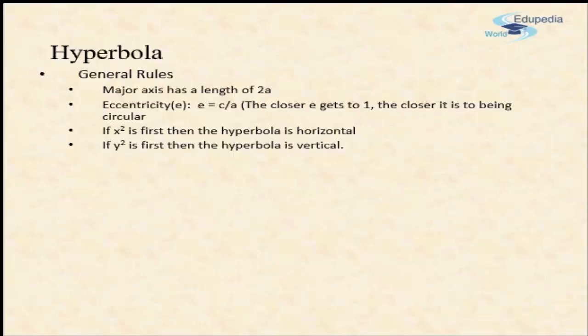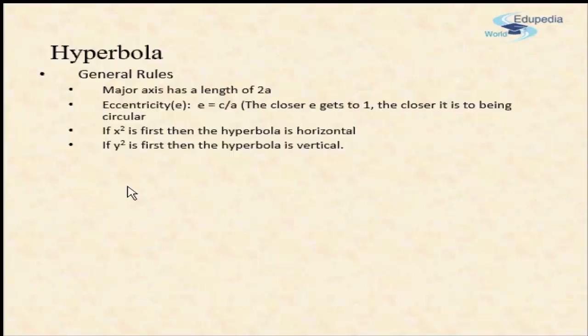This is the same way to find the eccentricity as it was in the previous lecture, and that is c by a. c, as we know, is the distance from the center, which makes the definition of hyperbola, and a is the distance between the vertex and the center. So this eccentricity will be c over a, and the higher it would be, the more chance it would be that the hyperbola is going to be circular.